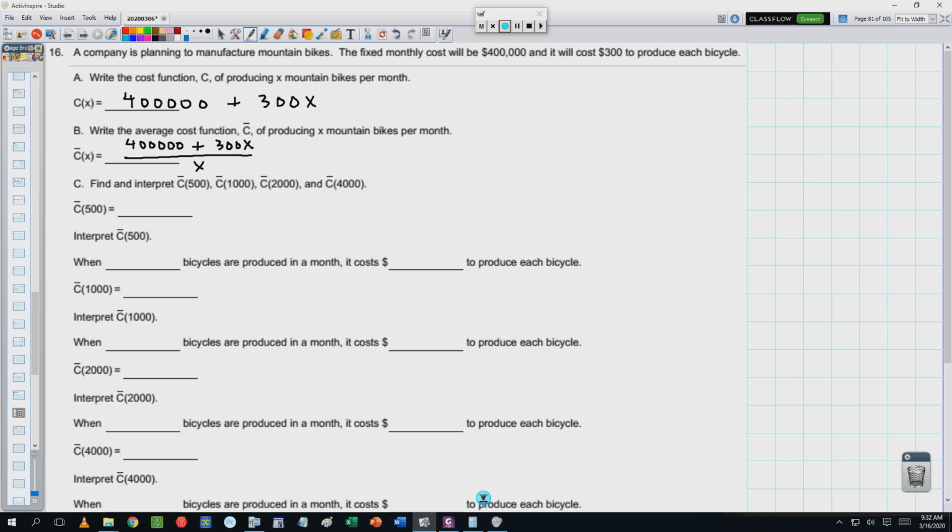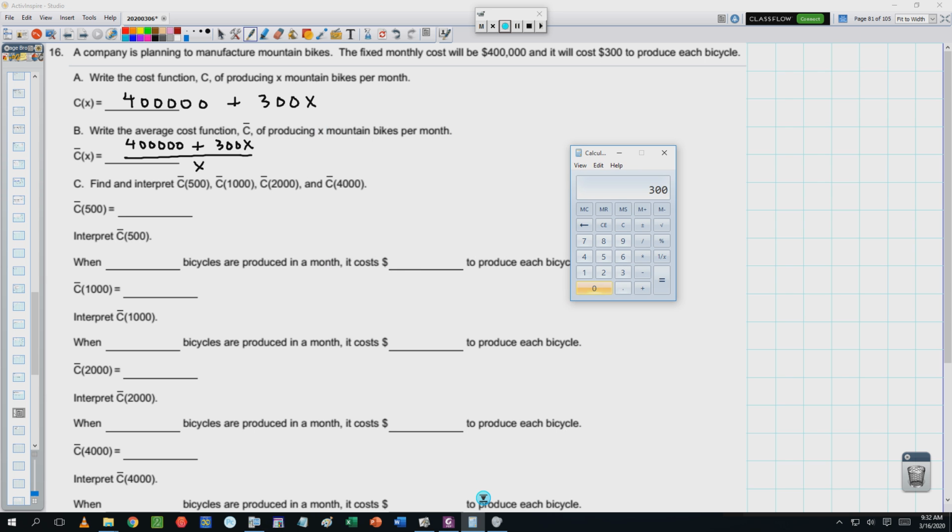Find and interpret C bar of 500. So I'm just going to be plugging in a bunch of things here, using my fancy calculator. Let's plug in 500.